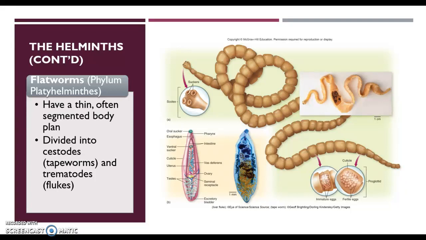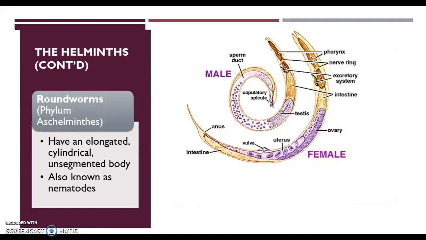There are 2 groups within the Platyhelminthes. We have the cestodes, which are tapeworms, and then we also have the trematodes, which are the flukes. And you can see an example of a fluke in the bottom right. It is the very flat, bulging kind of worm there.